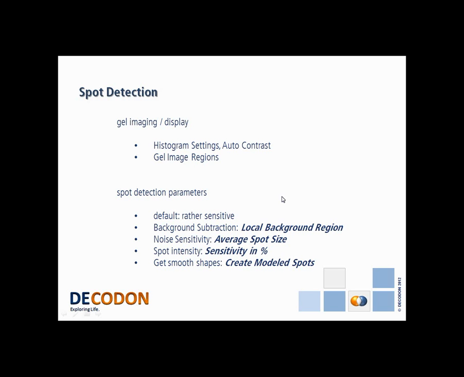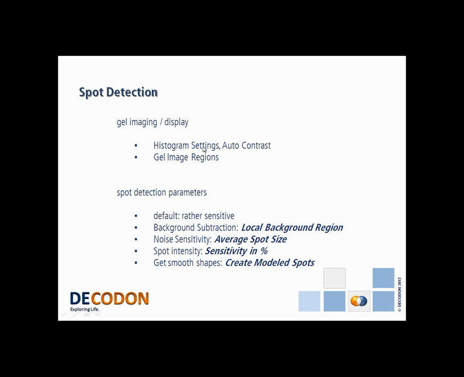Spot detection is the next aspect that we want to talk about today. Spot detection, of course, is based on a certain image, and depending upon how we display the image, the spot detection makes more or less sense from a subjective point of view.